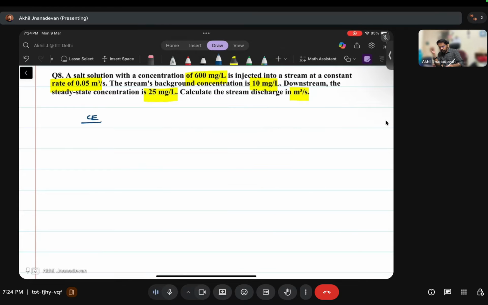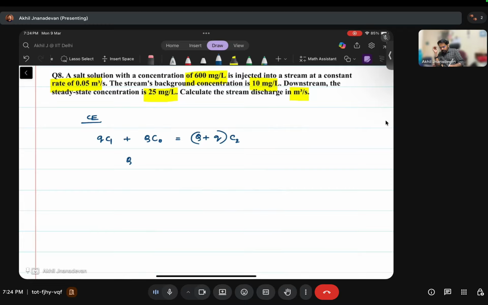We need not memorize the formula, just write the continuity equation, that is small q into its concentration C1, where C1 is the concentration of the tracer and small q is the flow rate of the tracer into the stream, plus capital Q is the stream flow, and C naught is the concentration that is already there in the stream, is equal to Q plus small q into the final concentration C2.